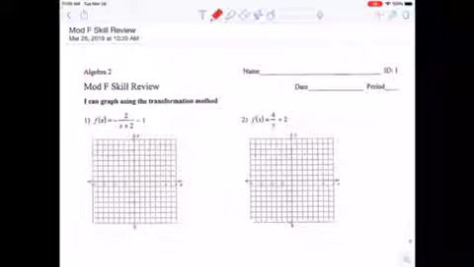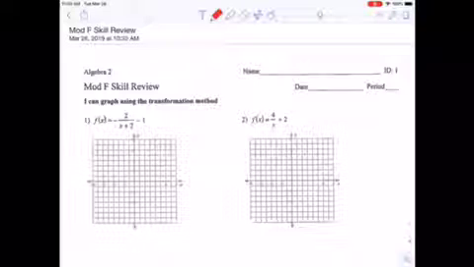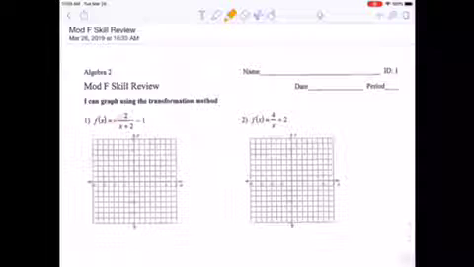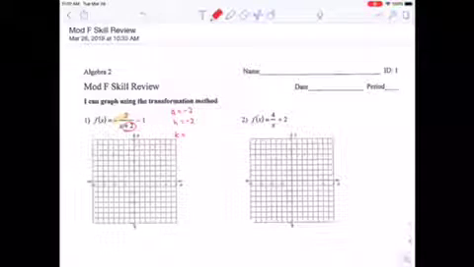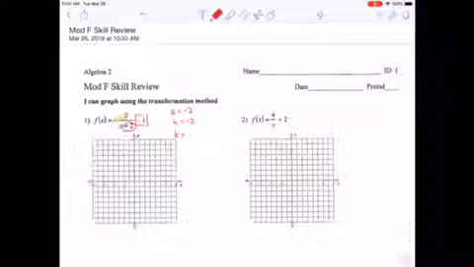Number 1, graph by transformations. So the key thing to remember here is that the negative sign in front always goes with the a value. So here, a is -2, h is the opposite of that, and k is going to be this number.